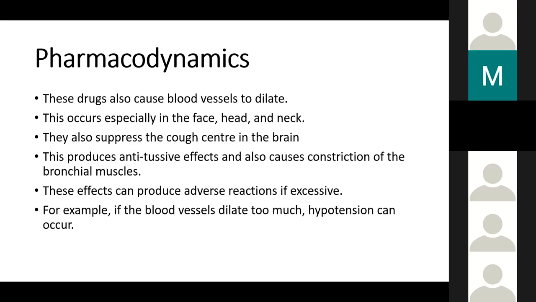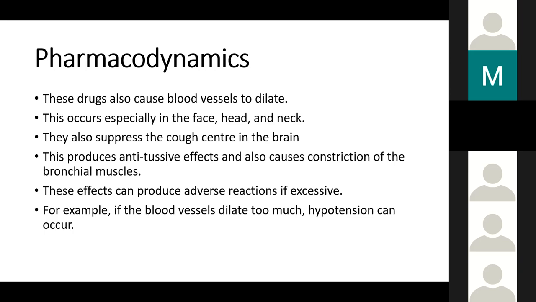Another thing that the morphine or the opiates do is that they cause blood vessels to dilate, and especially the blood vessels in the face, the head, and the neck. Another thing they also do is that they suppress the cough center in the brain. And this is where their antitussive effect comes in.